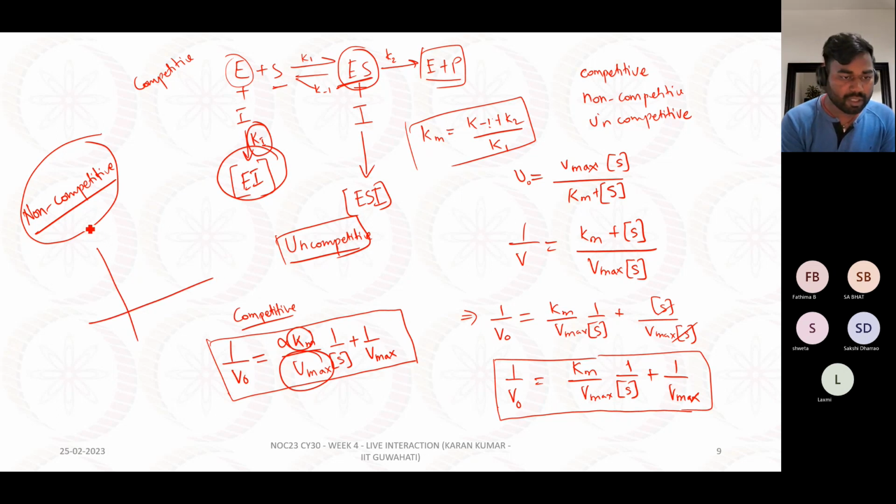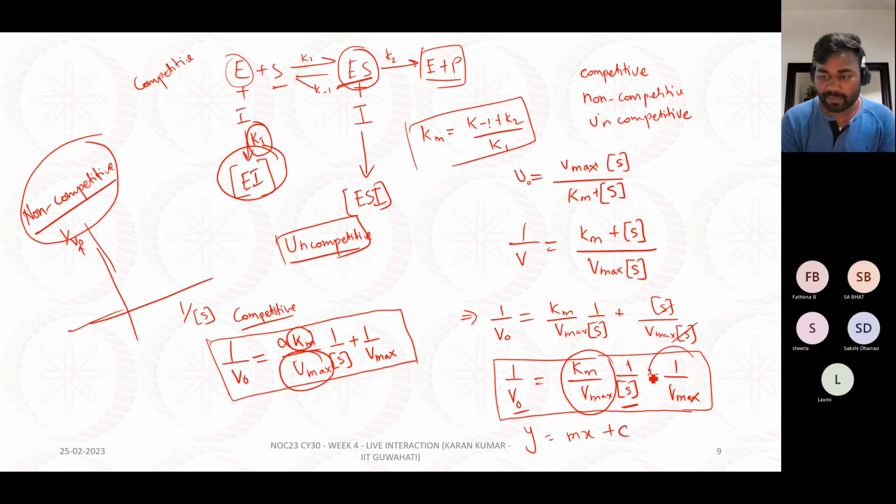The Lineweaver-Burk plot is a double reciprocal plot, where it is the plot between 1 by S and 1 by V naught, the initial velocity. So y is equal to mx plus c. Your slope is Km by Vmax, and you have a y-intercept of 1 by Vmax.